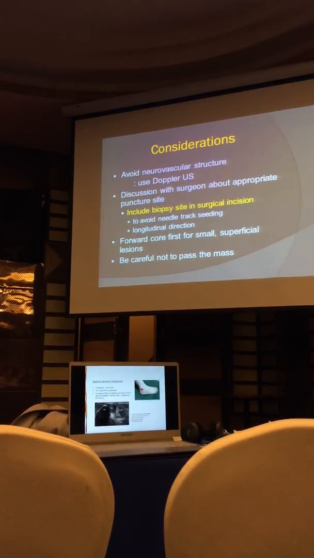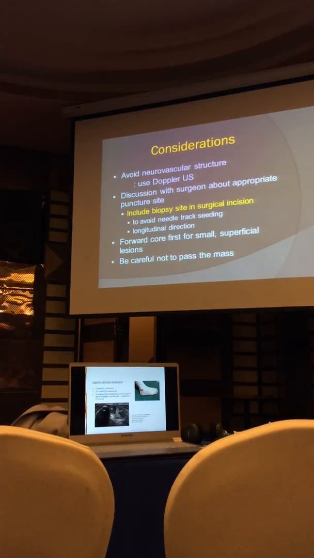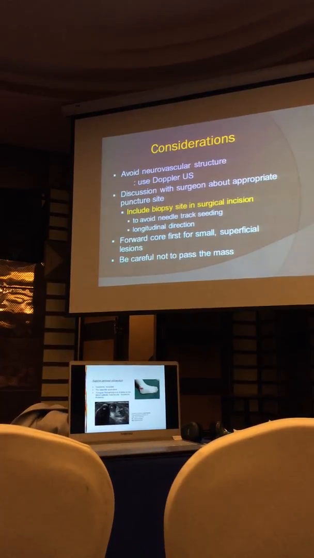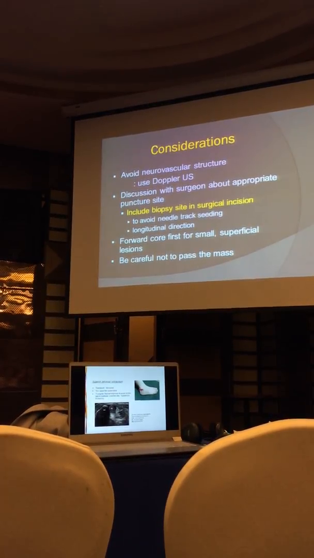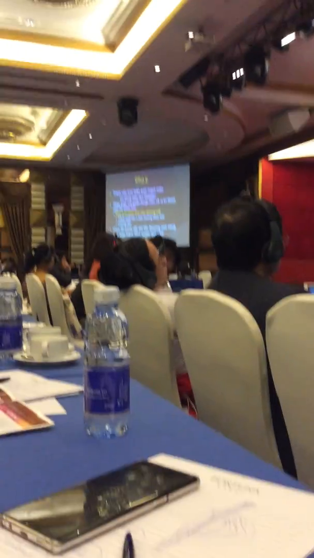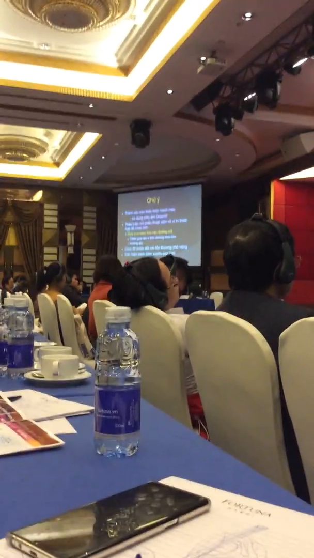You shoot first, and this forwards the core, and then shoot secondly to get the sheath cutting into the specimen. But if you have very small superficial lesions, you may want to put forward the core first and then insert into the mass, then just shoot the sheath.